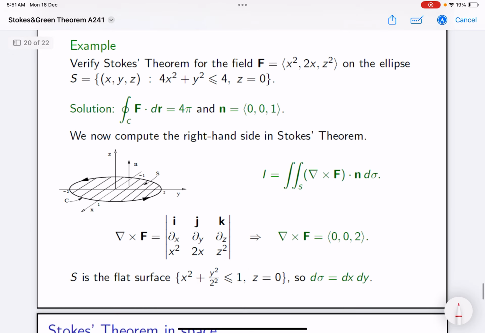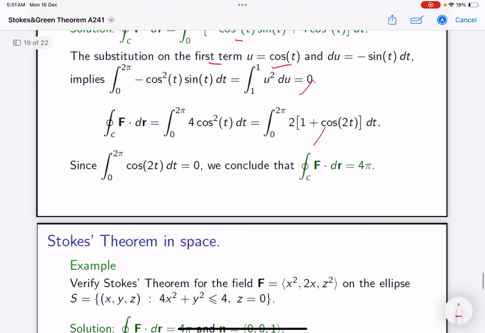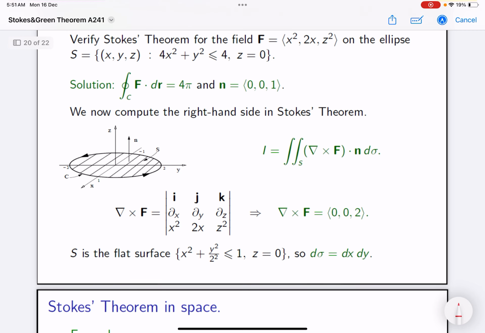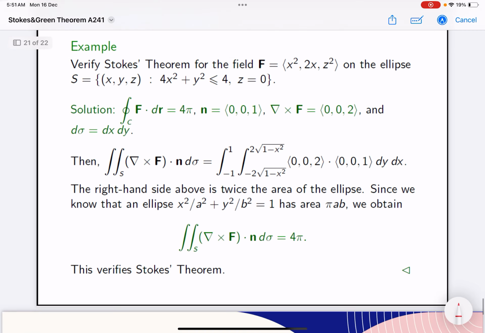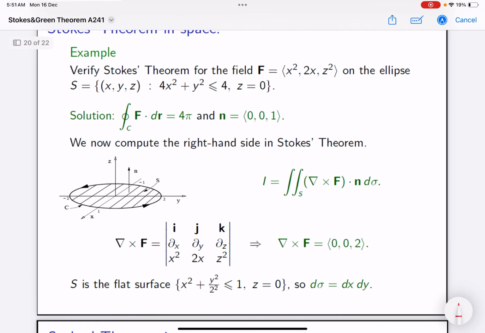Until you get everything here, we conclude that the integral of F dot dr now equals 4 pi. That is the straightforward one.